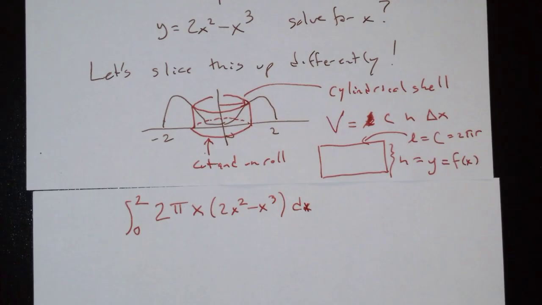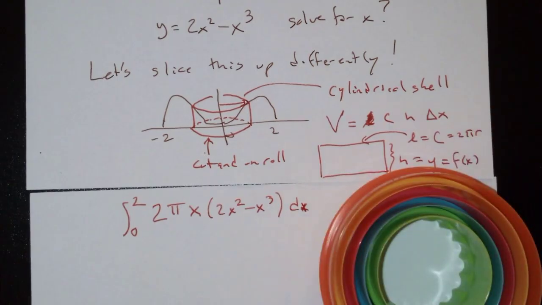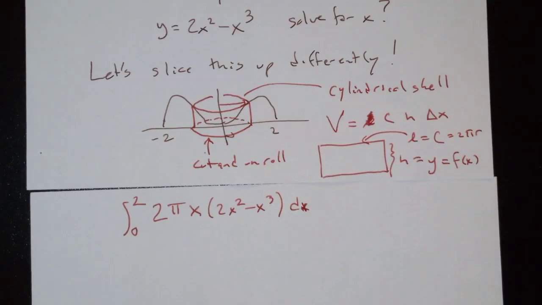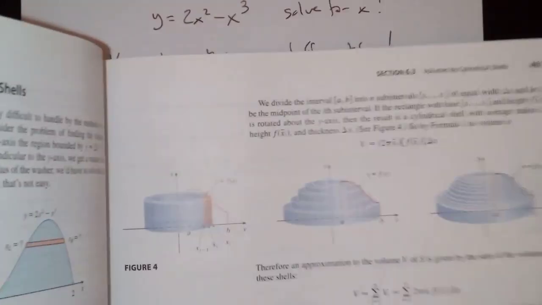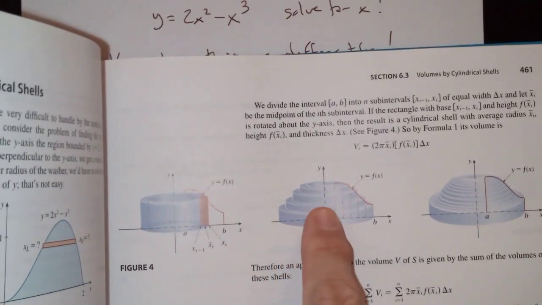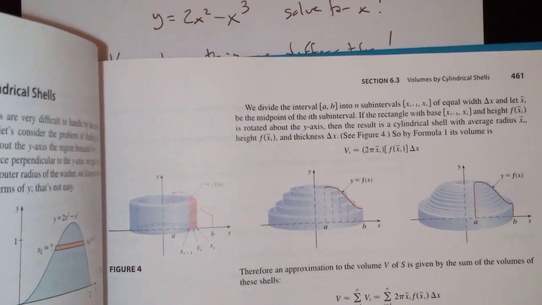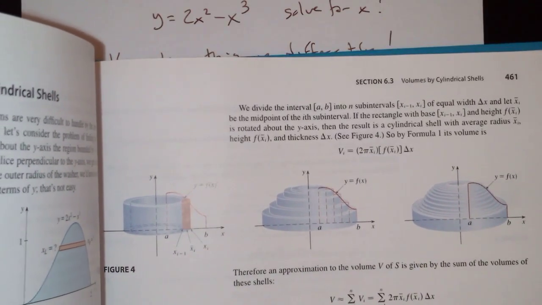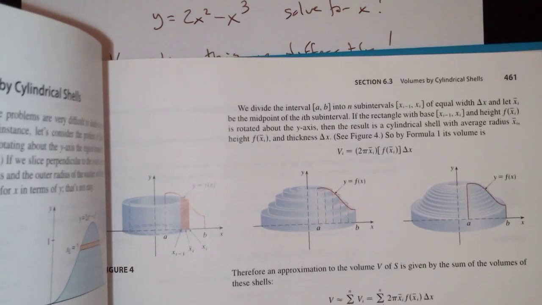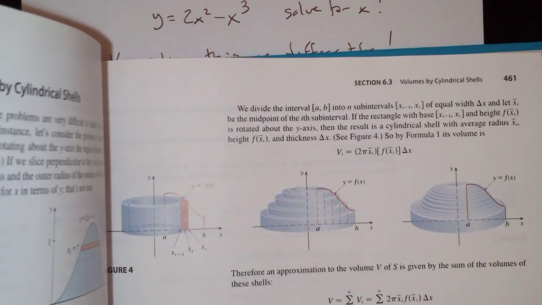Instead of slicing horizontally or vertically, I slice in a bunch of concentric circles. And I build up this shape by building one layered circle inside another. More circles, more approximation gets better and better. Let the limit of the number of slices go to infinity. I have an integral instead.